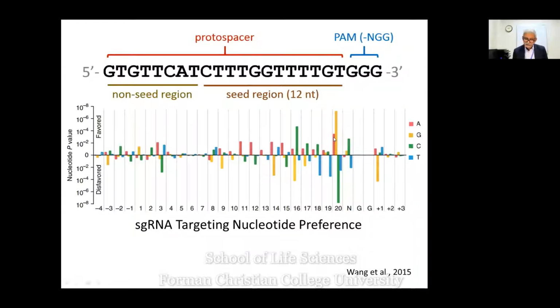Okay. Similarly, we say non-seed region, we can accept some nucleotides there which may be disfavored or may be favored, but does not matter. But on this side, they are most important.